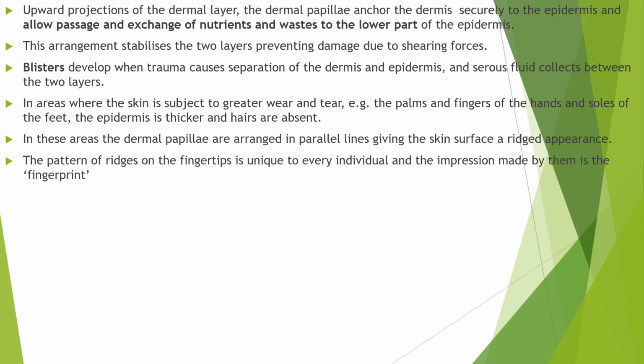The pattern of ridges on the fingertips is unique to every individual, and the impression made by them is called the fingerprint. Since these dermal papillae are lined in parallel lines, they give each individual a unique impression, and this unique impression is called the fingerprint.